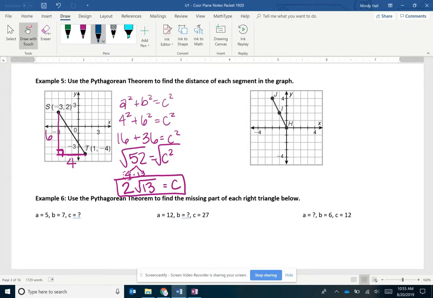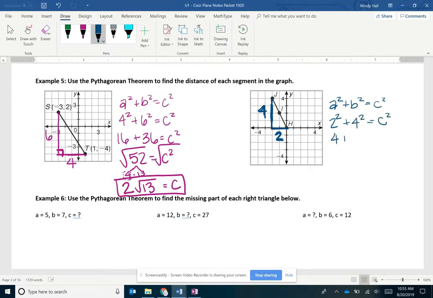For the next one, if I want to find the length of JH, again, drawing that in. Counting, we have a length of 2, and this leg is 4. So to find my hypotenuse, we use the Pythagorean theorem. This can be used anytime, and you're going to use it a lot in geometry because we talk about triangles a lot. But this can only be applied to right triangles.